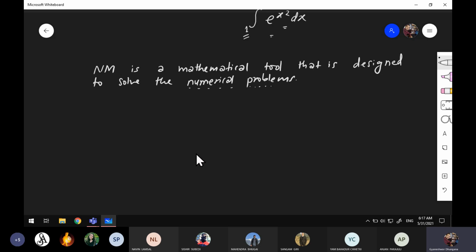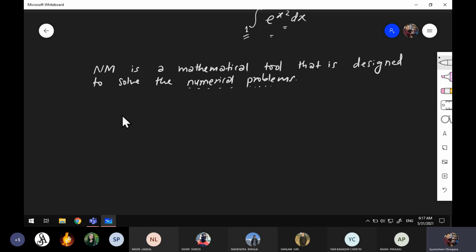Actually, in numerical method, what happens? We approximate. There are two ways to solve any problem using numerical method. One is the direct method, another is the iterative method. So we approximate some value, especially in case of the iterative method, we approximate the result, and we check whether the result is obtained to the desired level of accuracy or not.